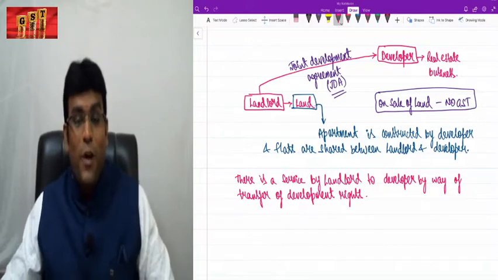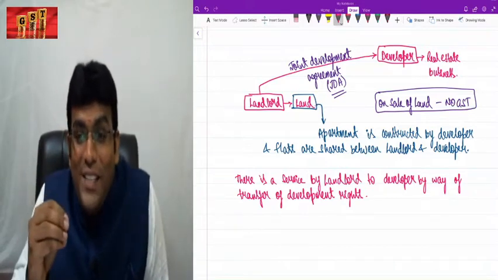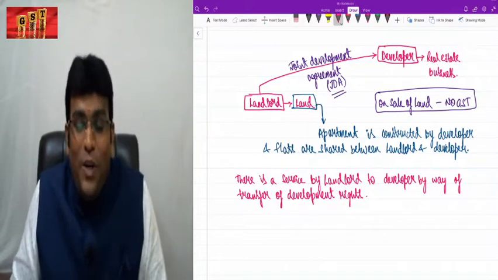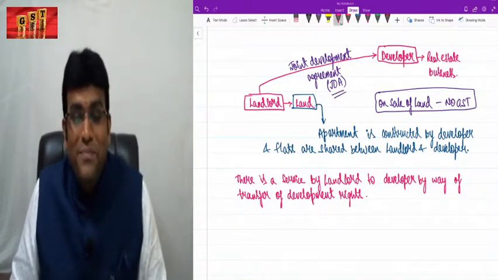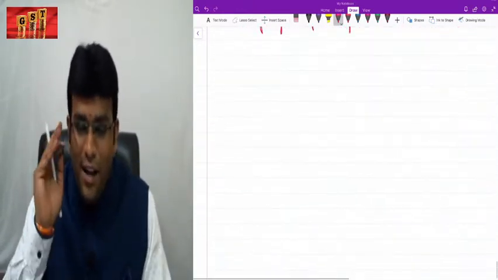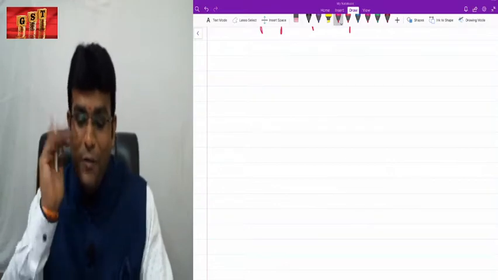You have to observe this point very clearly that the landlord is giving one right to the developer. What right is he giving? He is giving a right called development rights, for which the landlord will get consideration. Correct or not, friends? Next page I'll write something. Listen, I want to write all the points, but first listen.